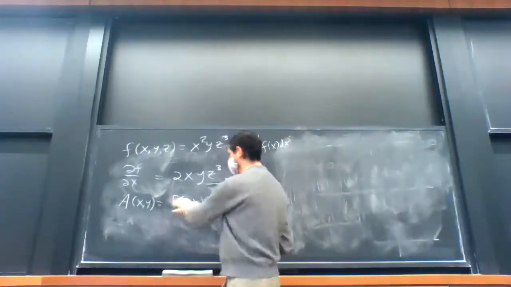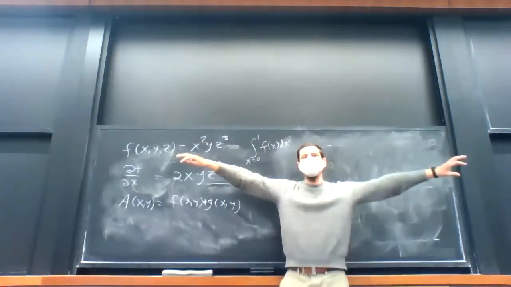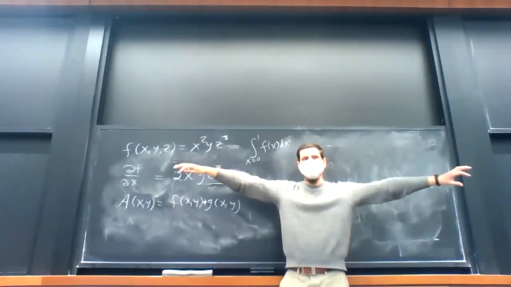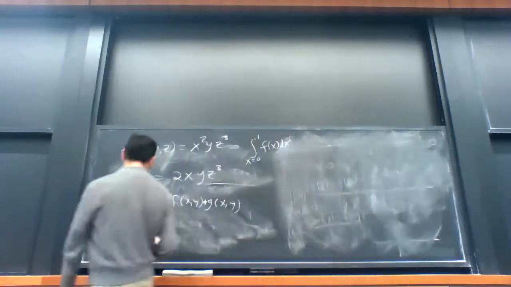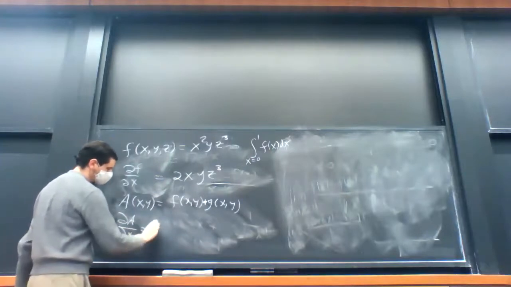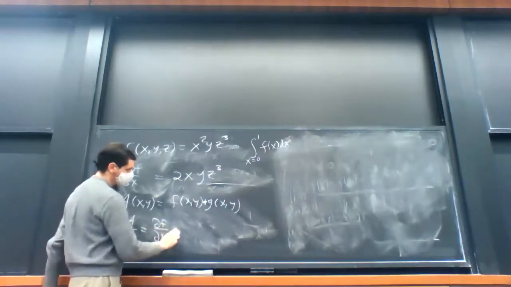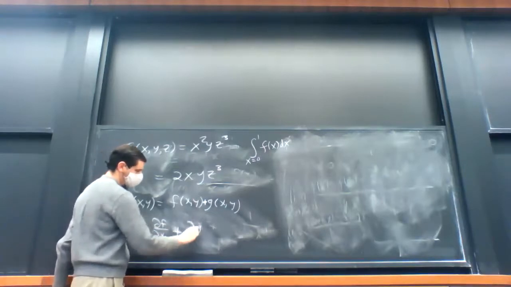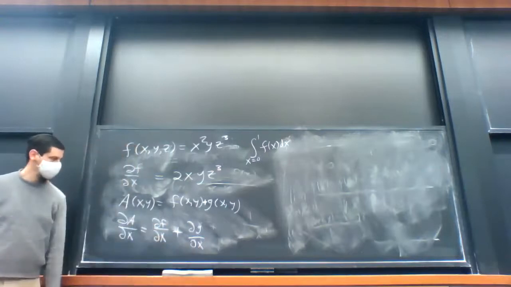And if you go back to the definition, because they're a sum, you can just split them into each function independently. And the proof is essentially the same as the one-dimensional sum. And so you would get da/dx is equal to df/dx plus dg/dx, or partial f partial x plus partial g partial x.